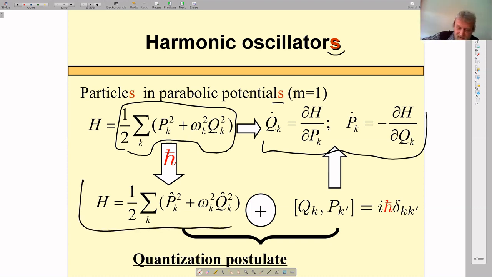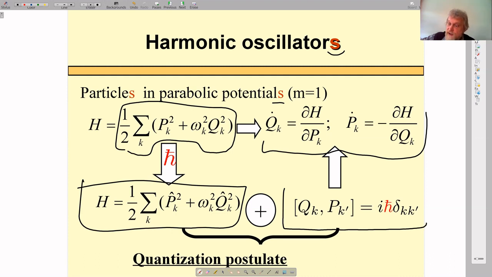Let us quantize those. Quantization is just giving hats to physical quantities, promoting them into operators. We now have to fix the commutation relations between the operators. We fix it in this way. What is the logic behind it? Well, the logic is very simple.